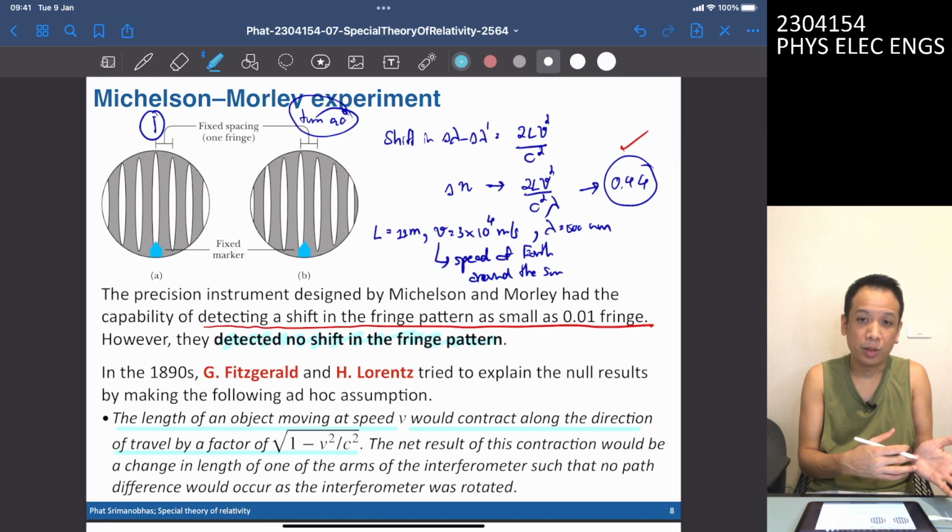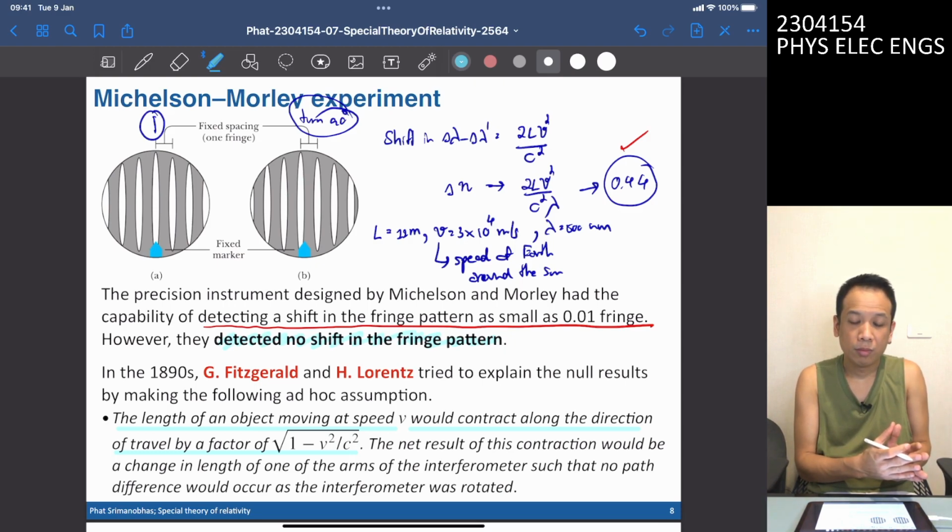So when the experiment is rotating, there is no path difference, and they cannot really see the shift of the fringe. This is a very ad hoc assumption.